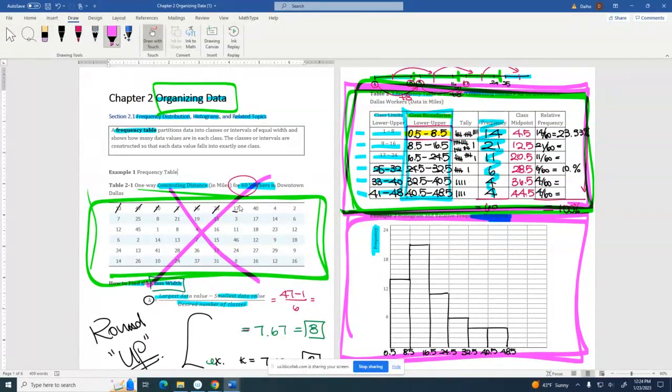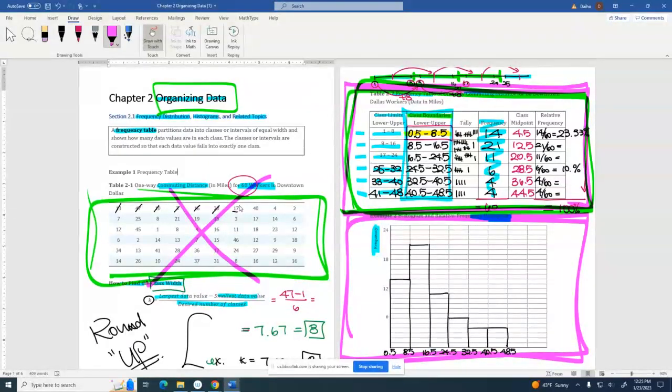Histogram? You like the histogram? I like the histogram. You like? Oh no, I like the frequency table. Anybody? Frequency table? Oh come on. Nobody likes the frequency table? It's a lot of numbers. You hate numbers. No, numbers are cool, but it's kind of hard to see what you're looking at.